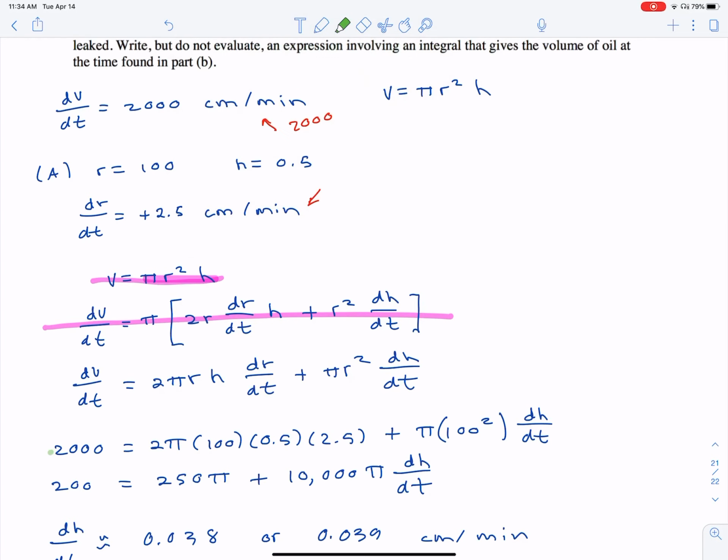So, when t is less than 25, the rate of change of the amount of oil will be increasing.